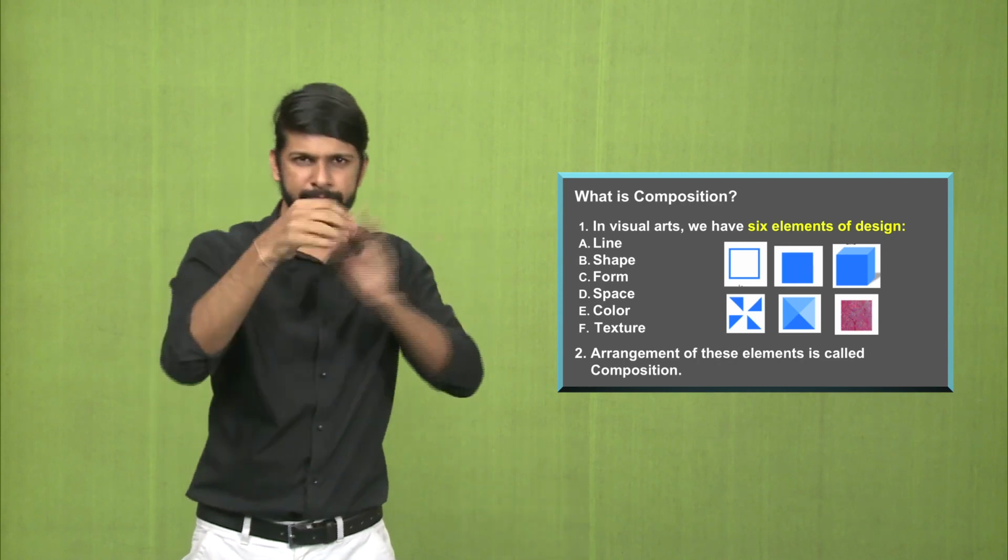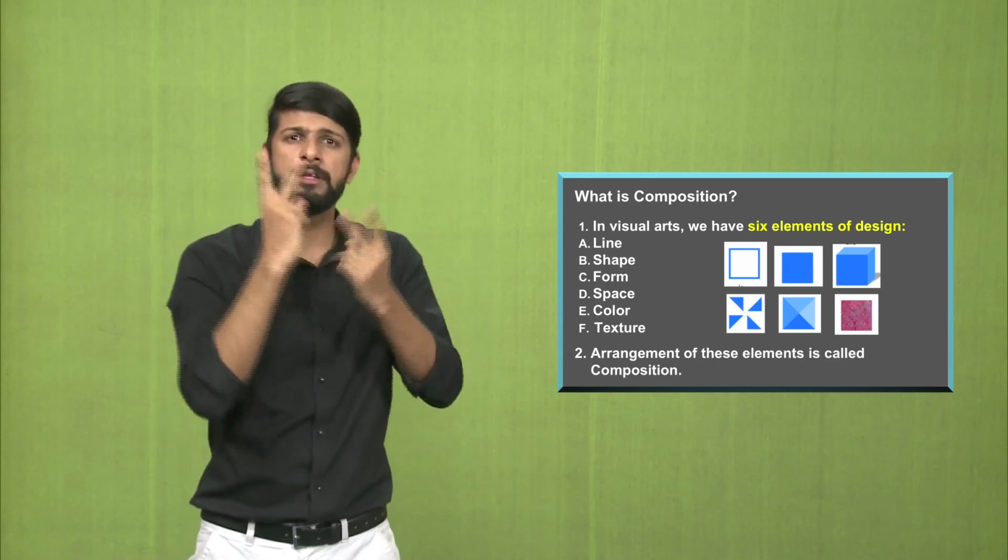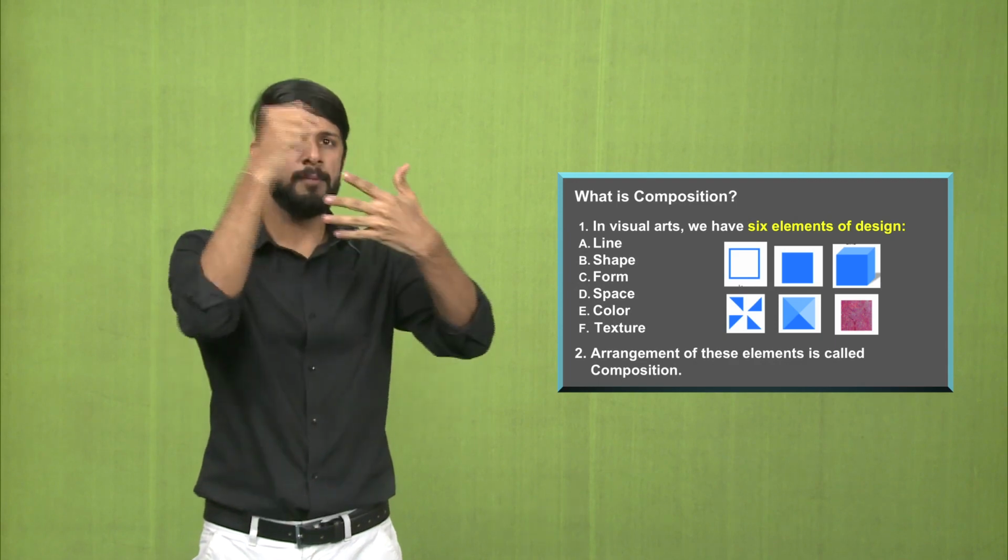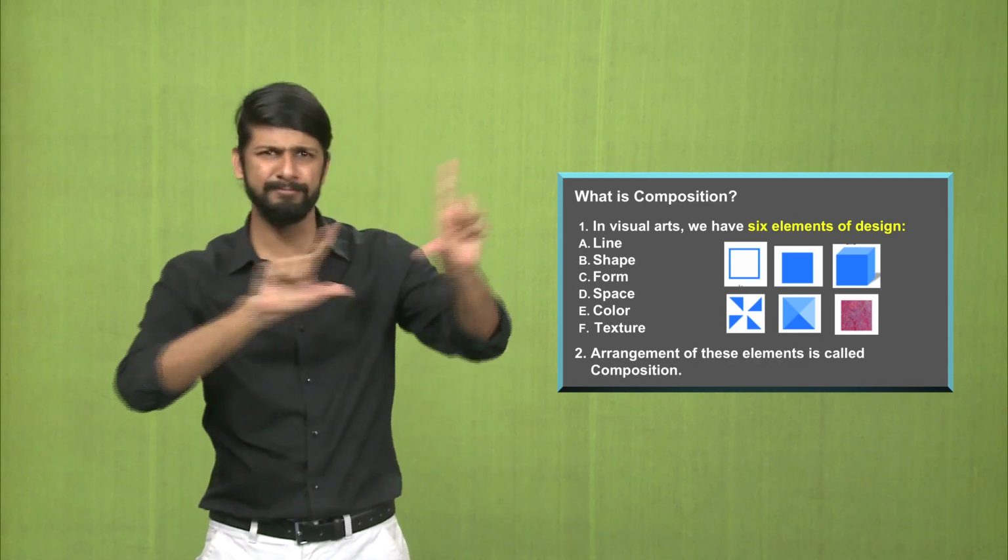What is composition? In visual arts, we have 6 elements of design.